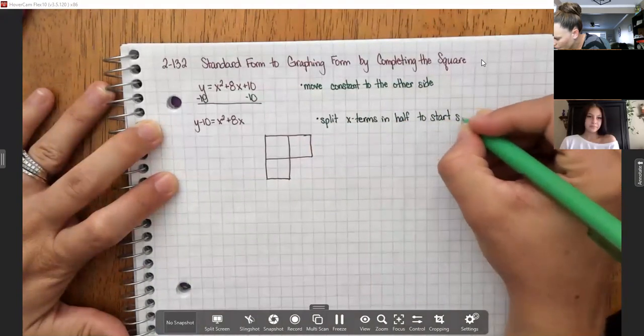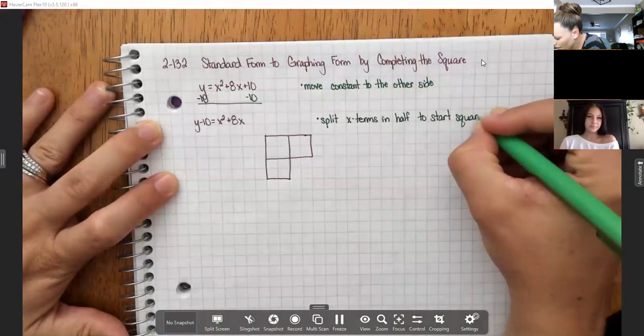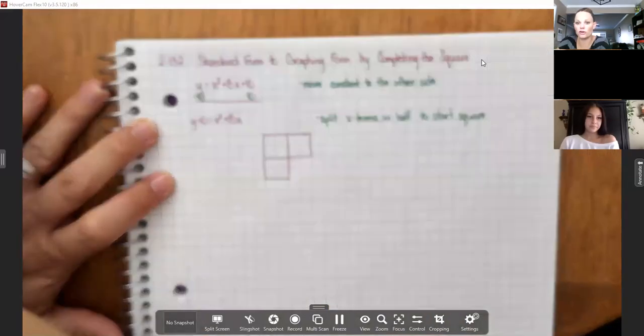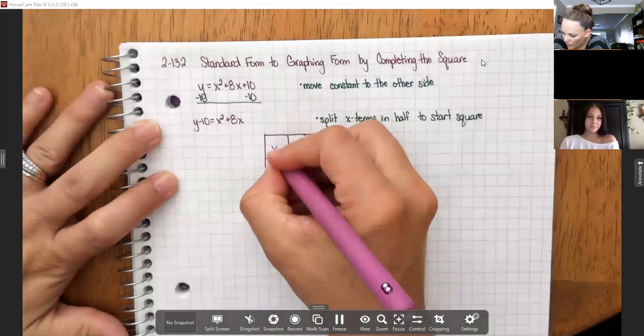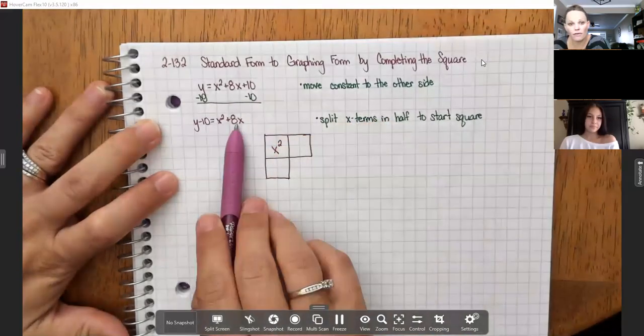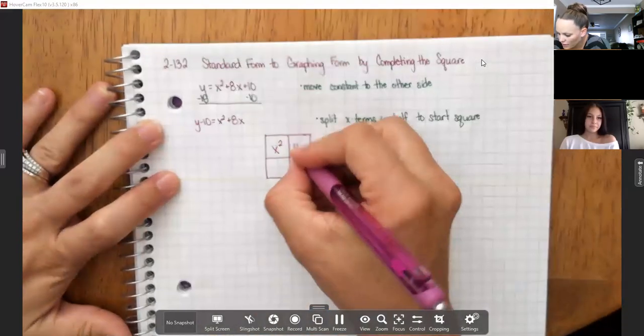So x squared goes in the upper left, and then half of 8x is going to be 4x in both of these.